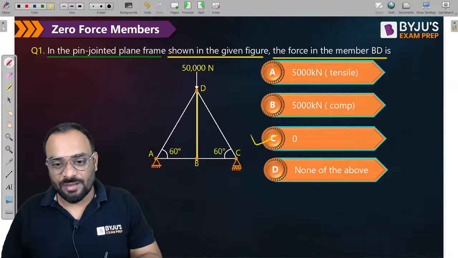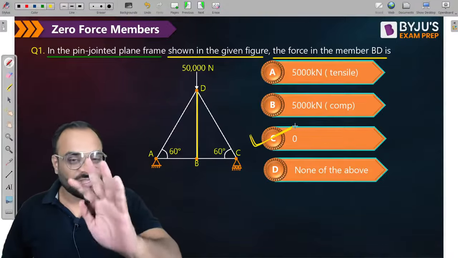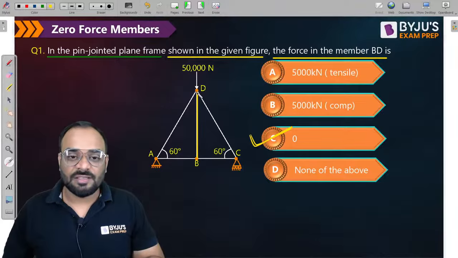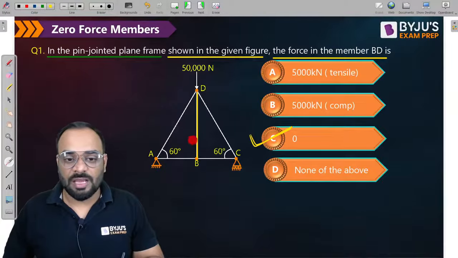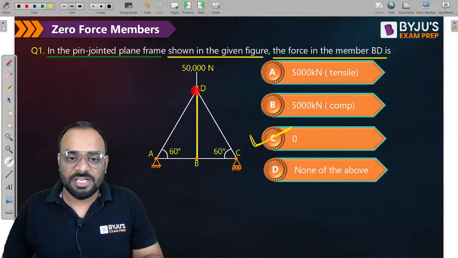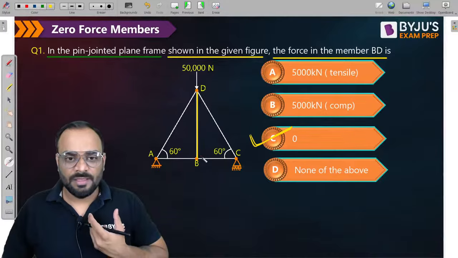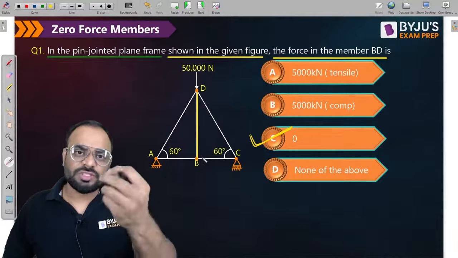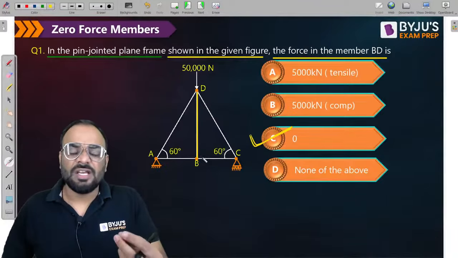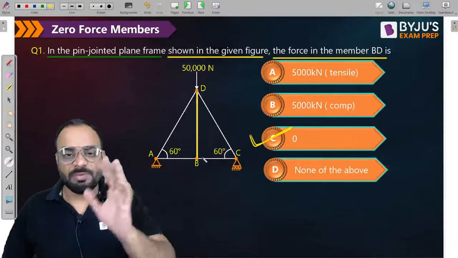It is a zero force member, right? It is a zero force member. Now let me explain why it is a zero force member in detail. Tell me guys, if I want to find out the force in member BD, then I can solve it either from joint D or from joint B. That is my choice, right? But I will choose that particular joint from where it is easy to apply the joint equilibrium equation.